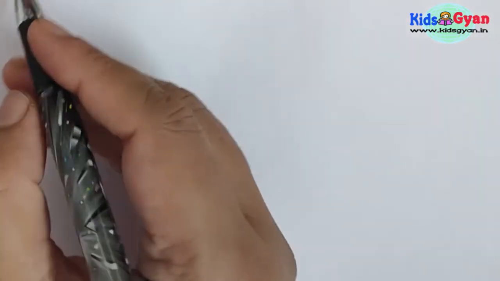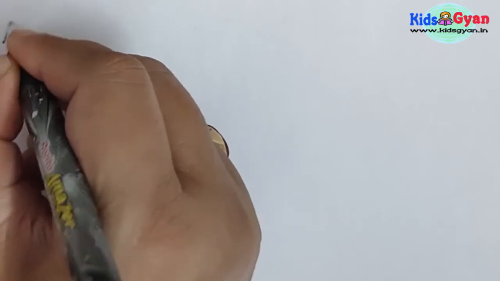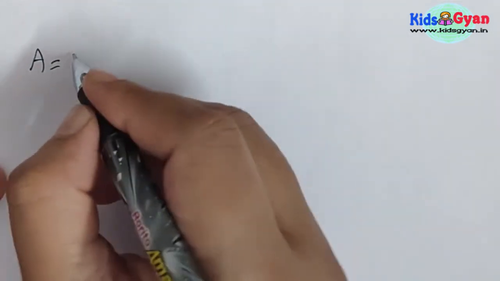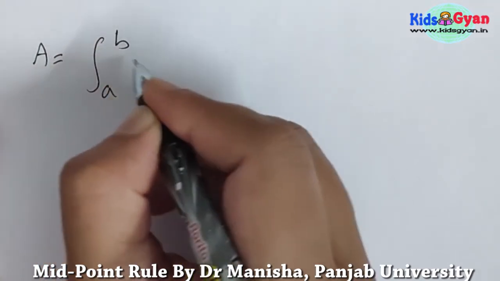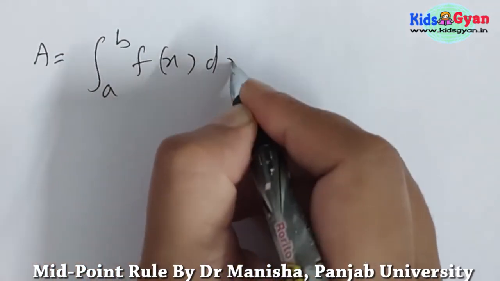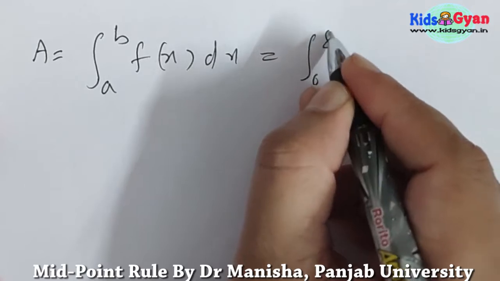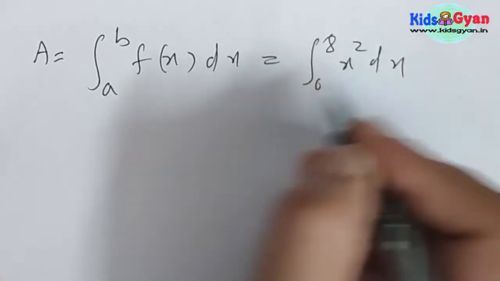Now we calculate its actual area. So this is your simple definite integral from a to b of f of x dx, and this is 0 to 8 of x square dx.